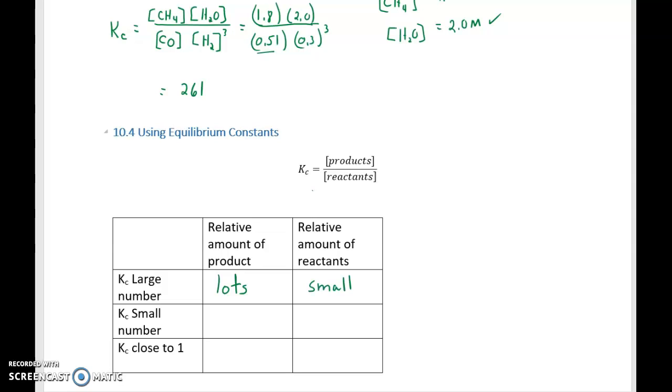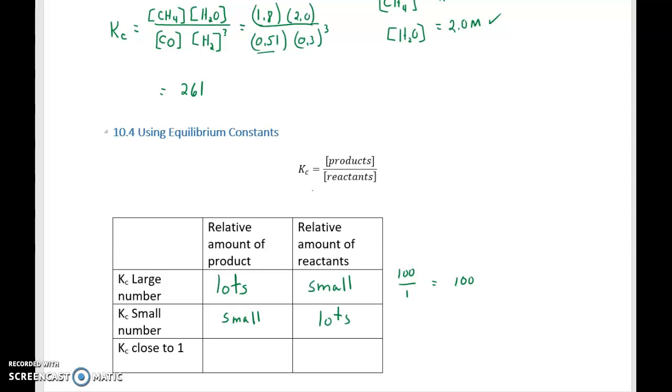So for example, if your product is 100 and your reactant you only have 1, that gives you a large equilibrium constant. If the equilibrium constant is small, you'll have a small amount of your product and a large amount, or lots, of your reactant.